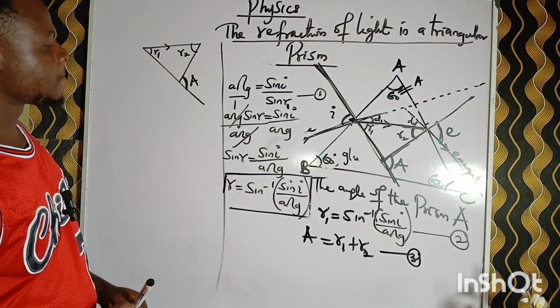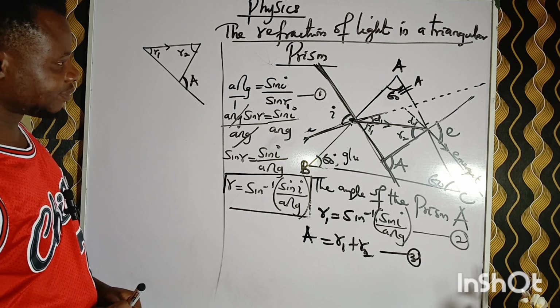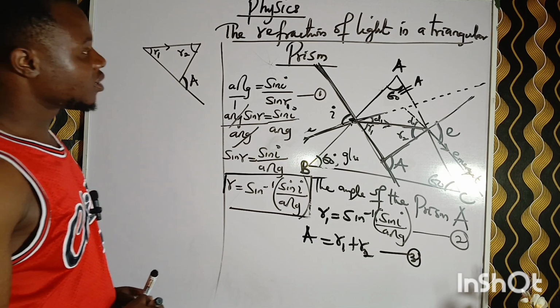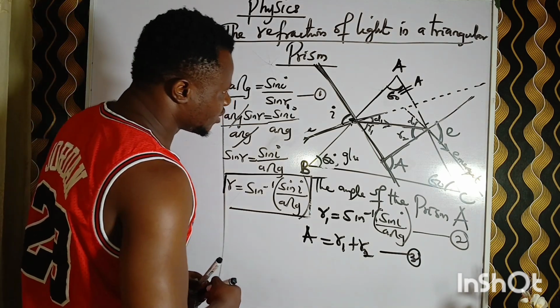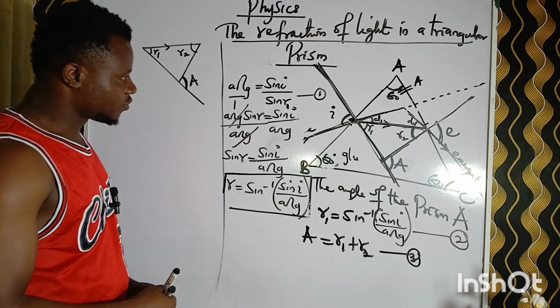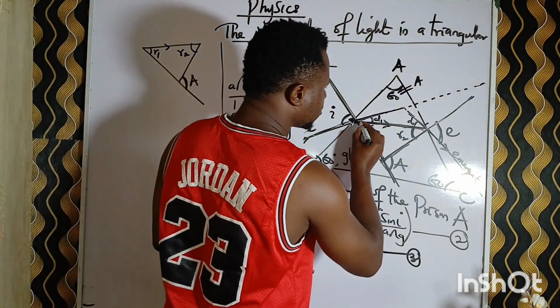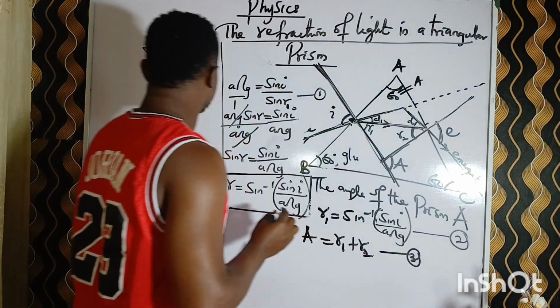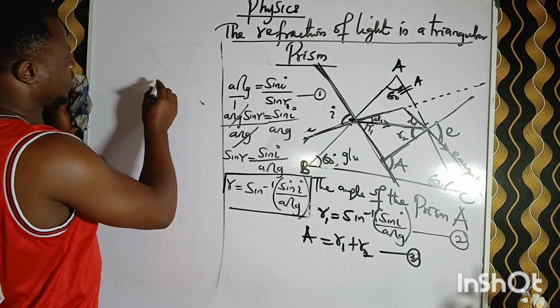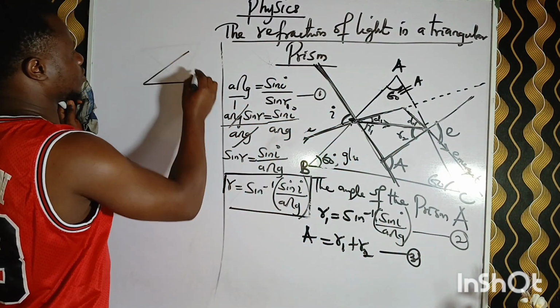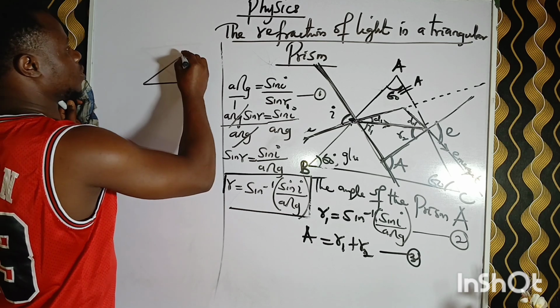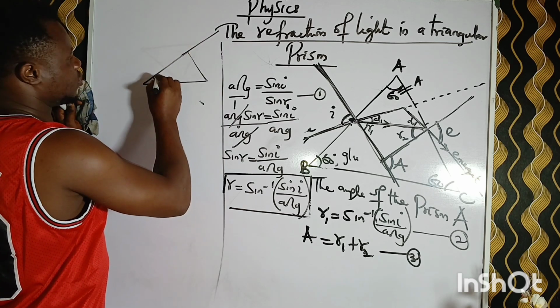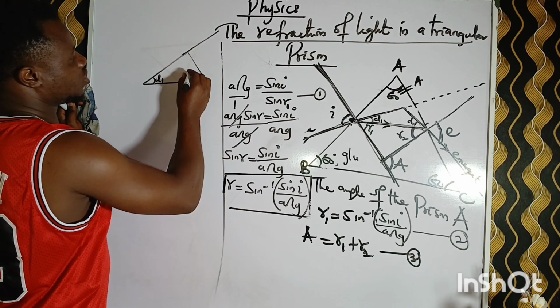Now, in this case again, there is another thing I'm seeing there. Looking at this particular formula, I am seeing a triangle this way, a triangle like this. Here is D1 and here is D2.